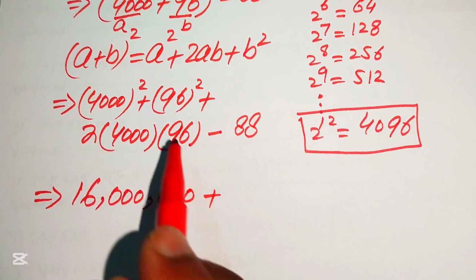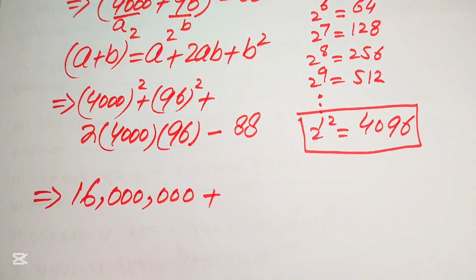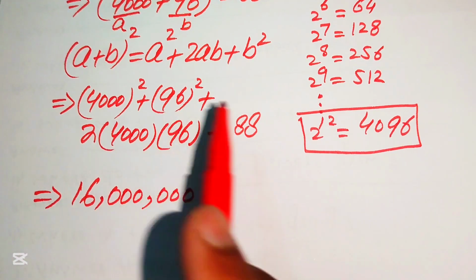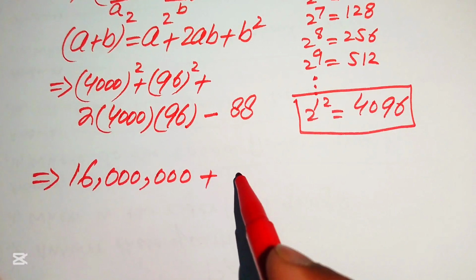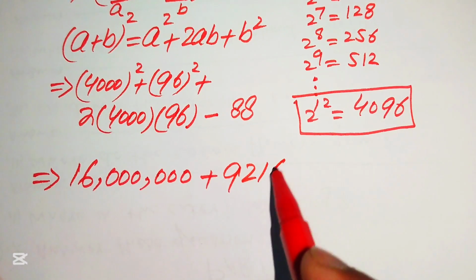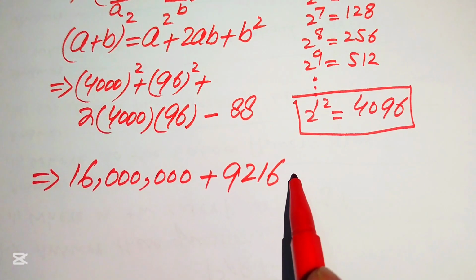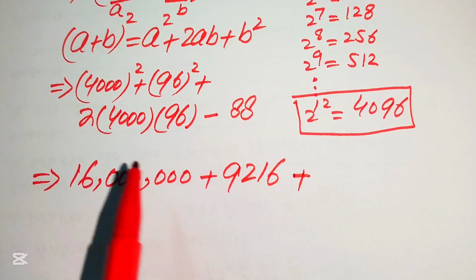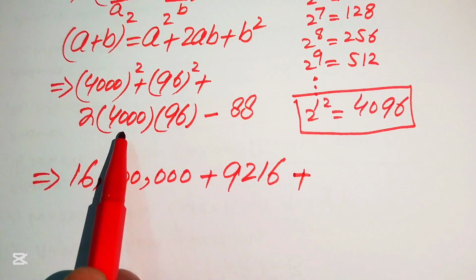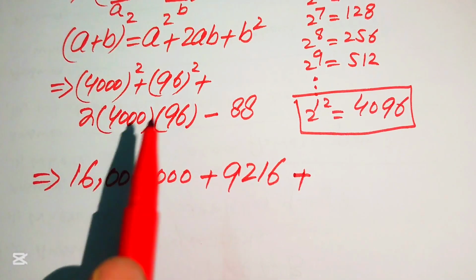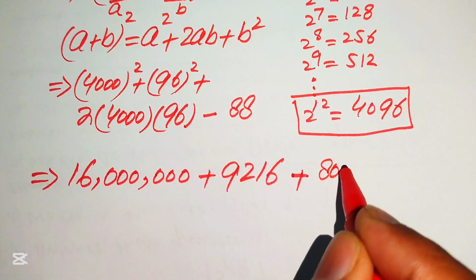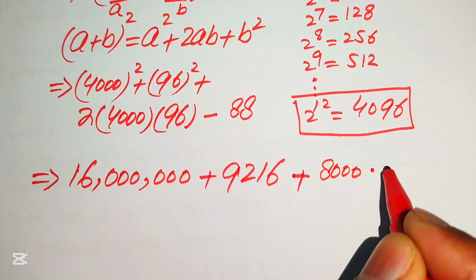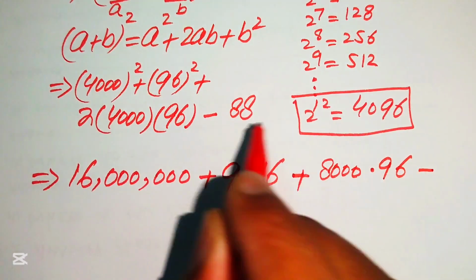Plus 96 square, and we easily get the square of 96, which equals 9216. Plus 2 times 4000 multiplied by 96: first 2 times 4000 equals 8000, multiplied by 96, minus 88.